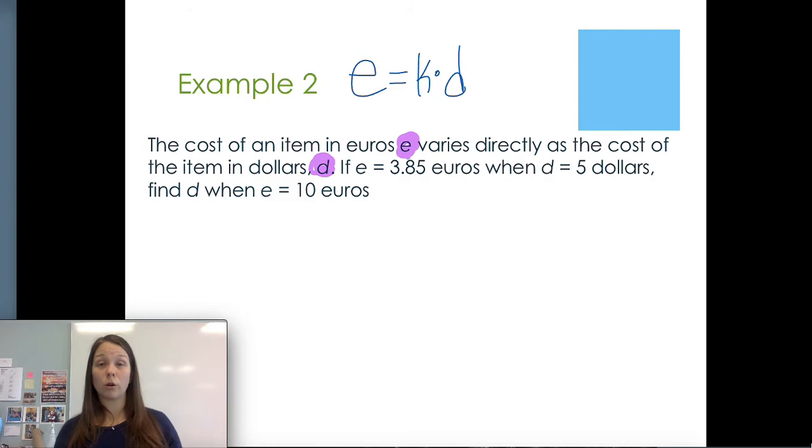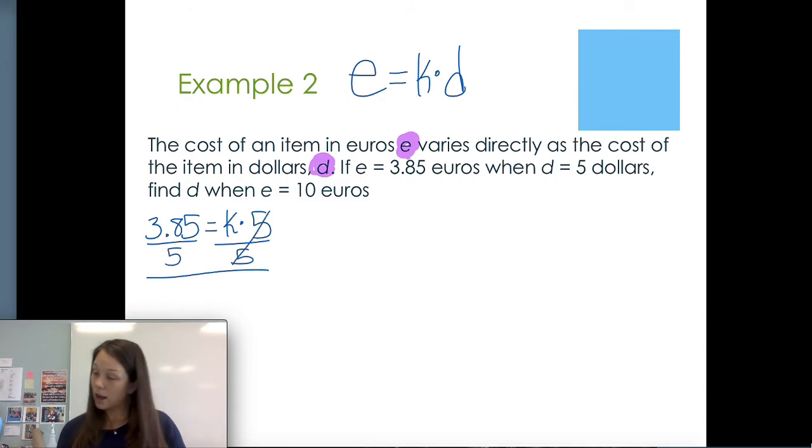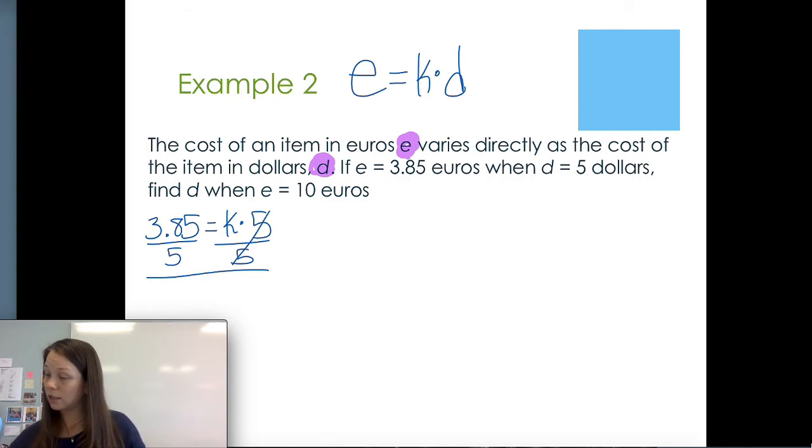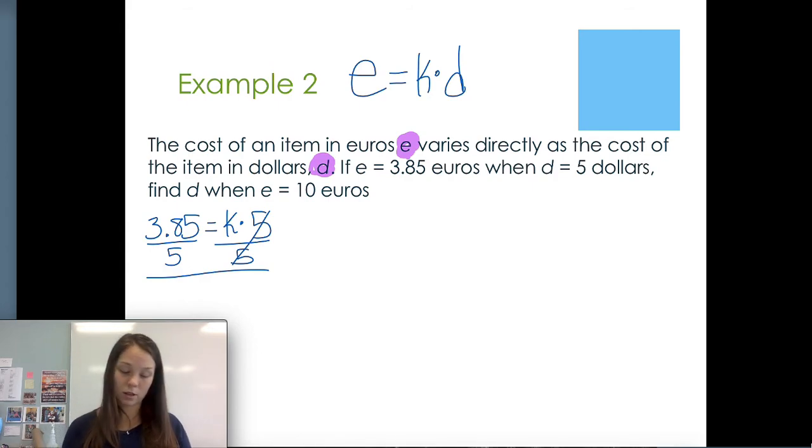First, in order to use the direct variation function, we need to figure out what k is. Plugging in the numbers we know, I have 3.85 equals k times 5. I divide by 5 and I get 0.77.